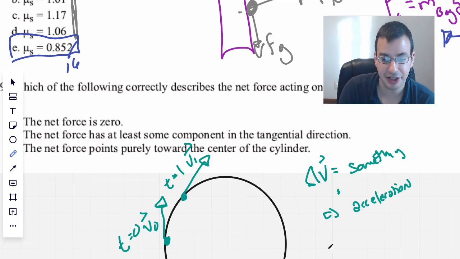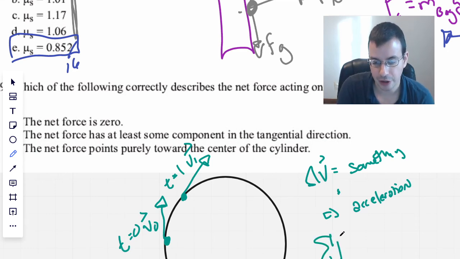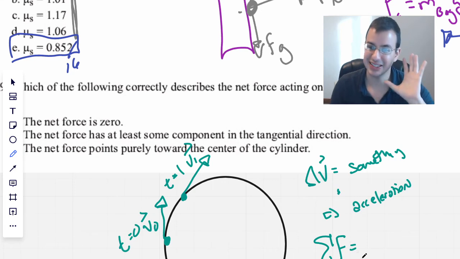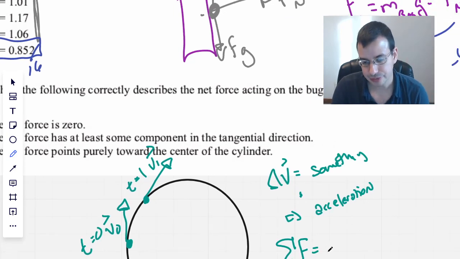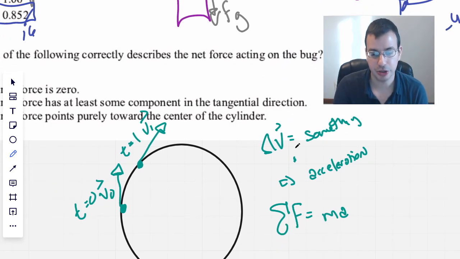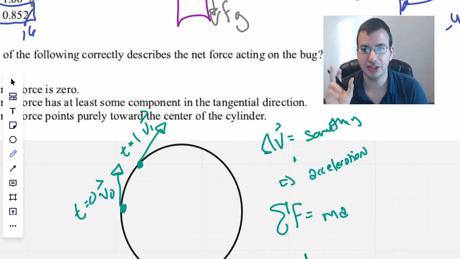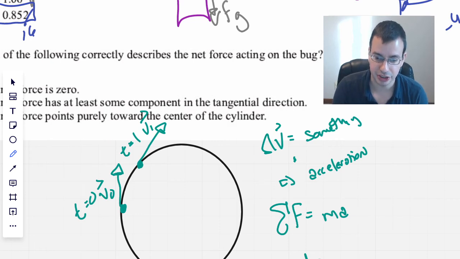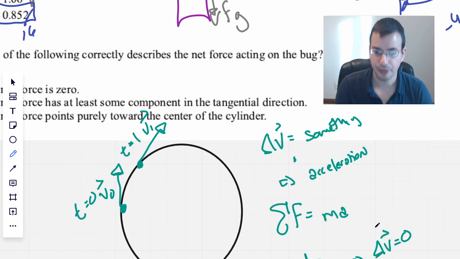And so we have an acceleration. So the sum of all forces equals mass times acceleration. If you have no motion, or no change in velocity, then the sum of all forces equals 0. This implies delta velocity equals 0.